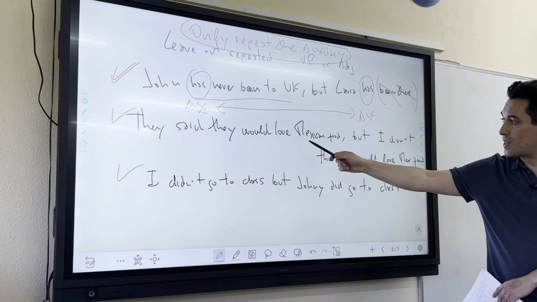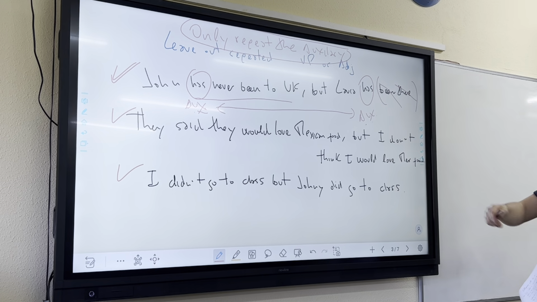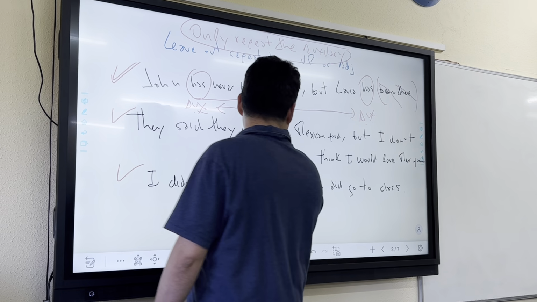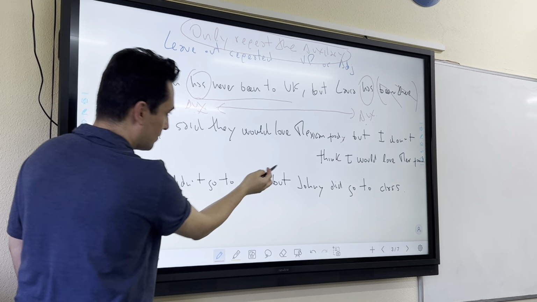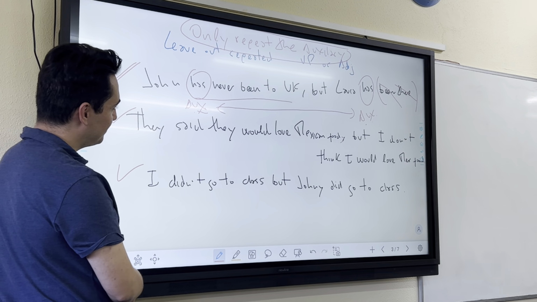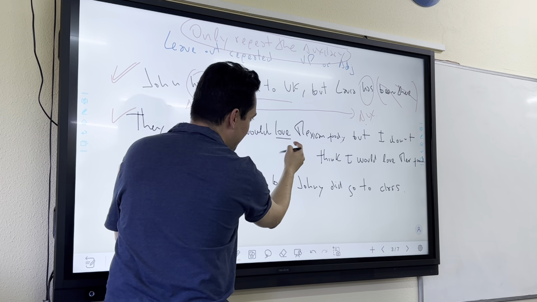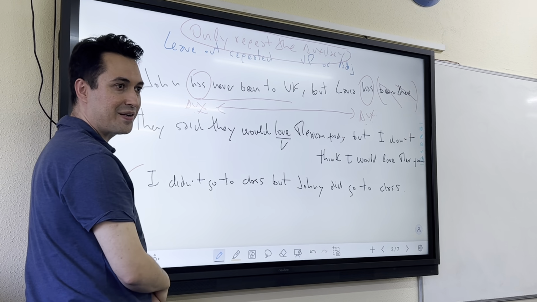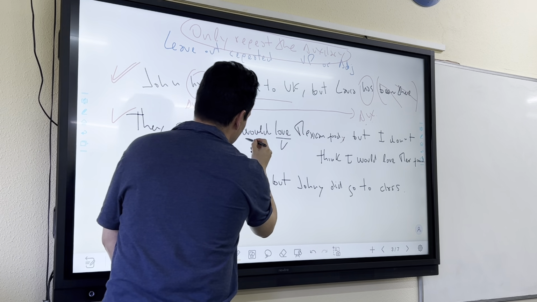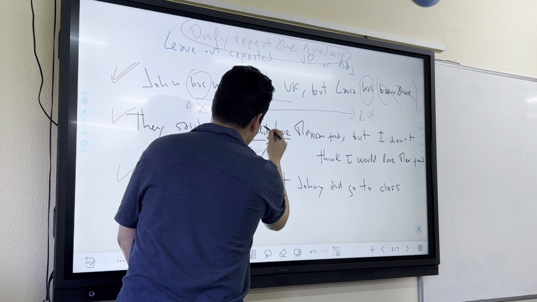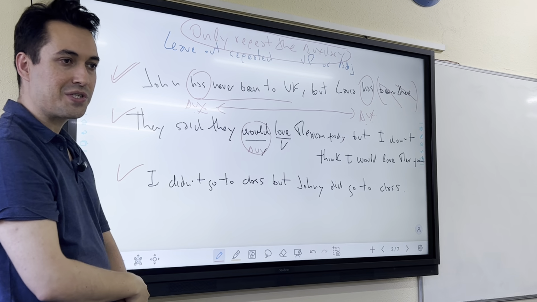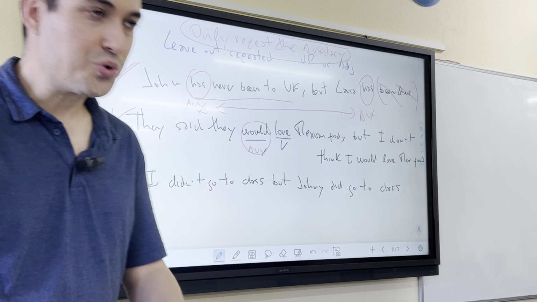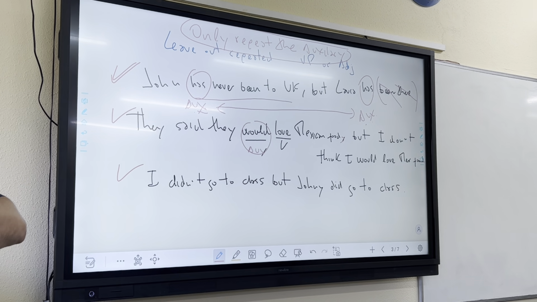They said they would love Mexican food, but I don't think I would love Mexican food. Okay, what is the auxiliary in the first part of the sentence? Is it love? Love is an auxiliary? No, this is the main verb. What is the auxiliary then? Would. Would is the auxiliary. So we only repeat the auxiliary. Alba, tell us the sentence with the ellipsis.